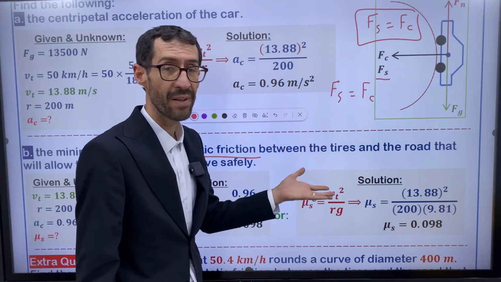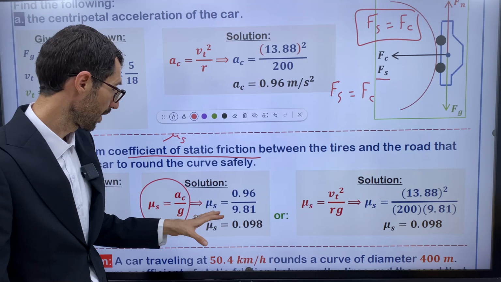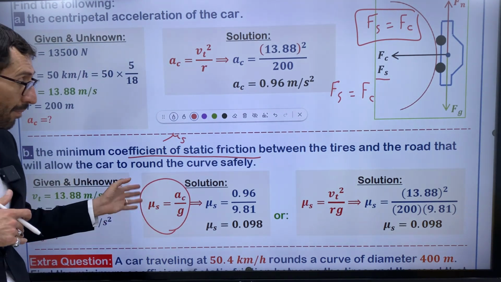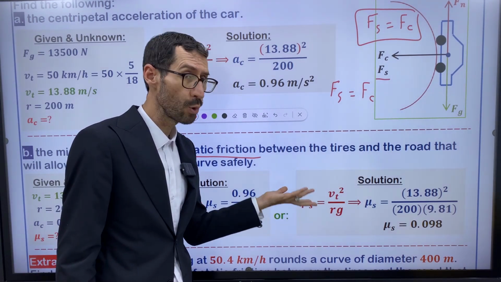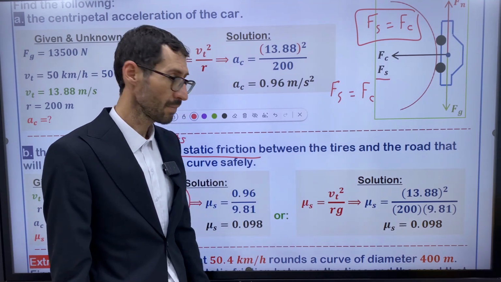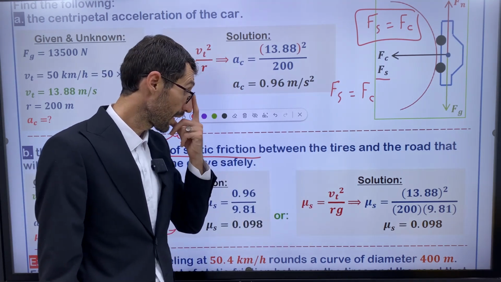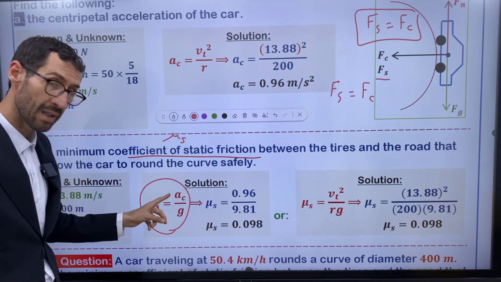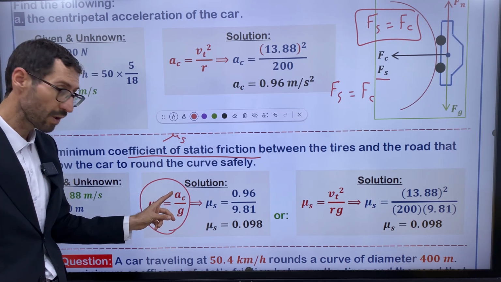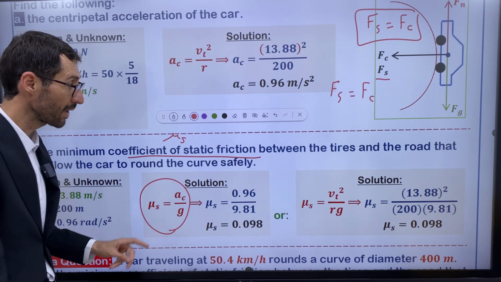Or we have another rule. This is the simplest rule for finding mu s, right? If you use another rule, no problem. Mu s is equal to Vt squared over Rg. You can use this rule. And if you substitute the value of AC here, AC is equal to Vt squared over R, right?